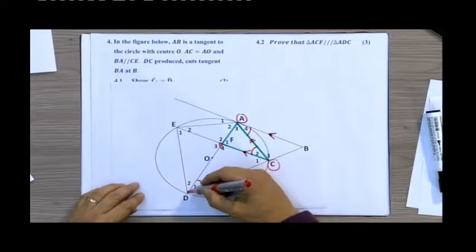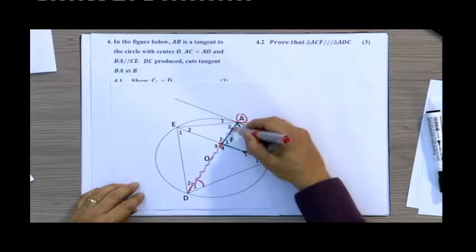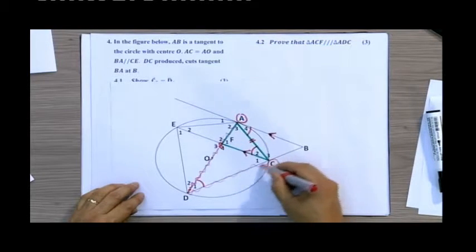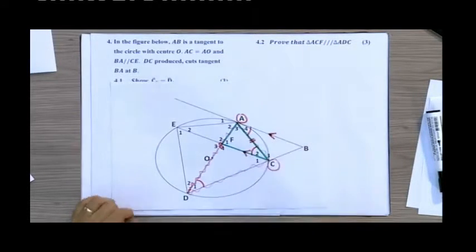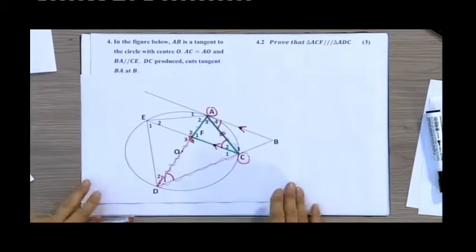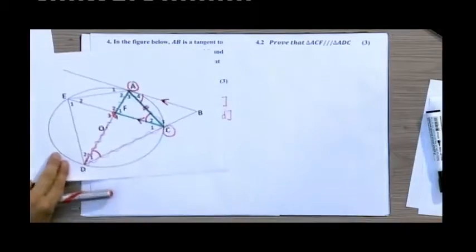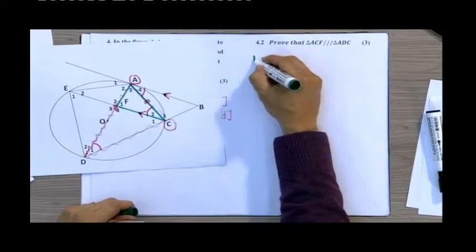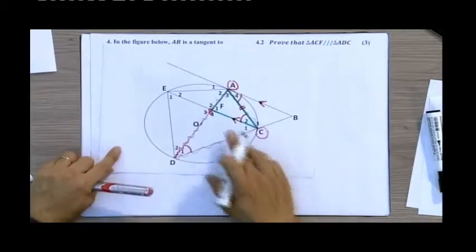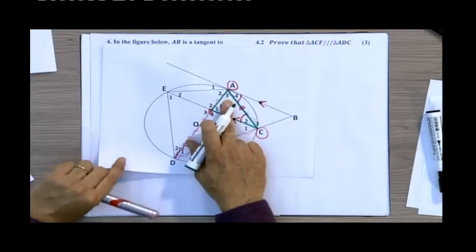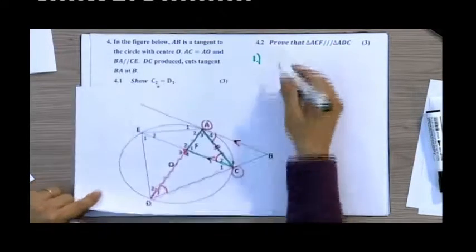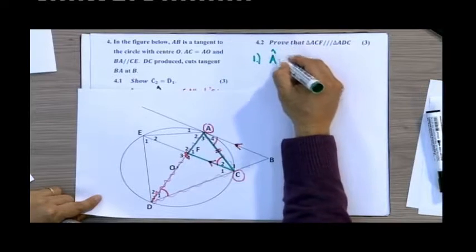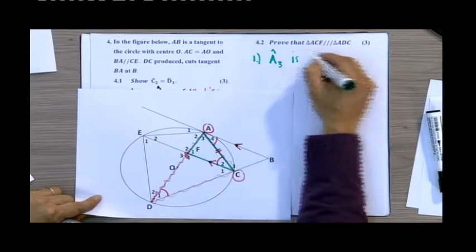And where's ADC? Is this one, ADC. See, the one is inside the other one. So if you have triangles, one inside the other one, it's quite easy. You just write down the proof. In this one, there's a common one of A3.